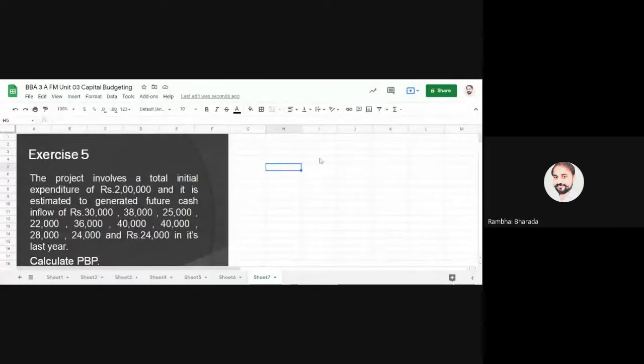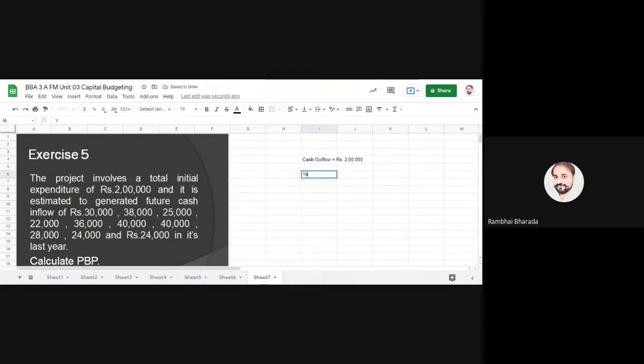Calculate the payback period. Now, what is the cash outflow here? Write down cash outflow amount, rupees 2 lakh. What do we need to do next?